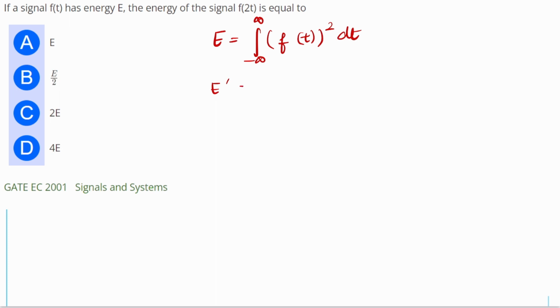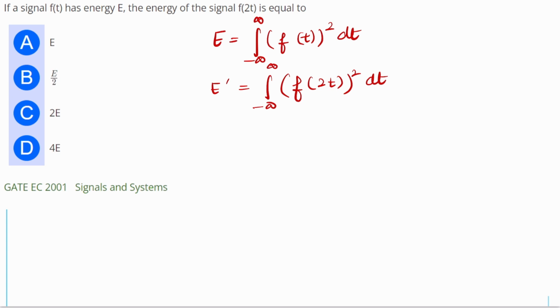We have to find the energy of the other signal, minus infinity to infinity f(2t) square dt. Whenever we are scaling the signal, the energy is divided by that scaling factor. So if we are scaling it with 2, the other energy will be E by 2.